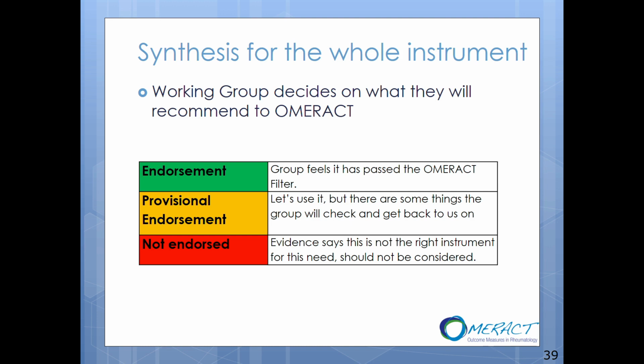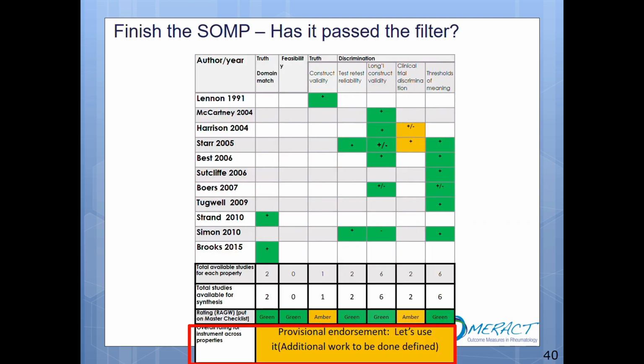And that again doesn't mean that it's a bad instrument for another need, but it's just not going to fit our need. So this is all recorded at the bottom of our summary of measurement properties table. So in this situation, because we had 2 amber ratings, we might give it a provisional endorsement. Let's use it, but there's additional work that needs to be done in order to move us up to a green rating.